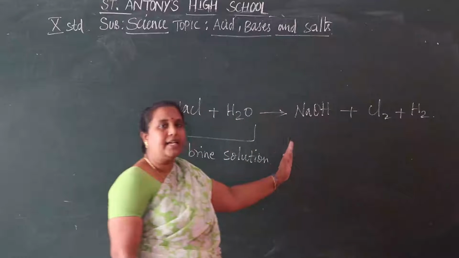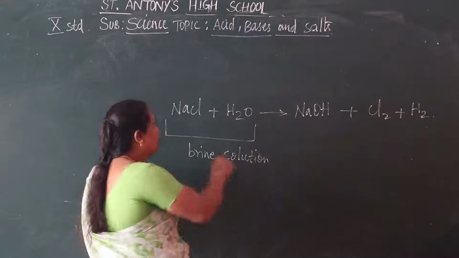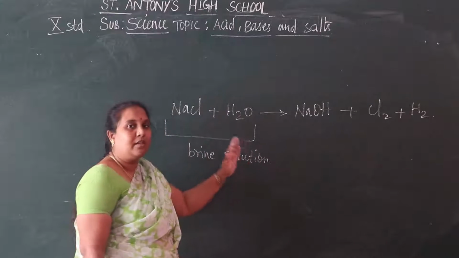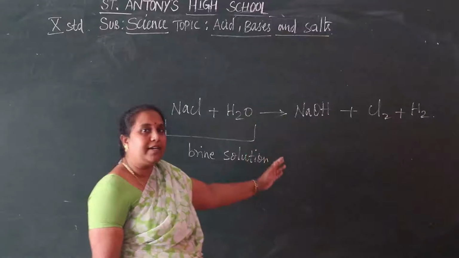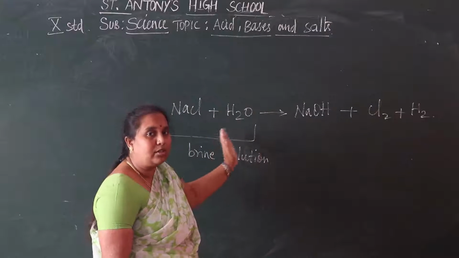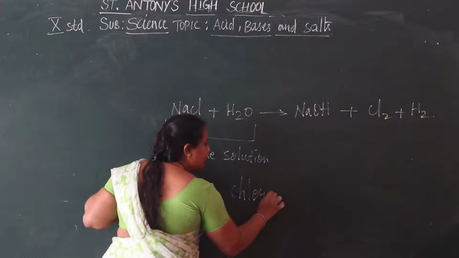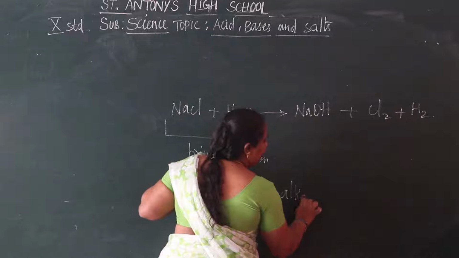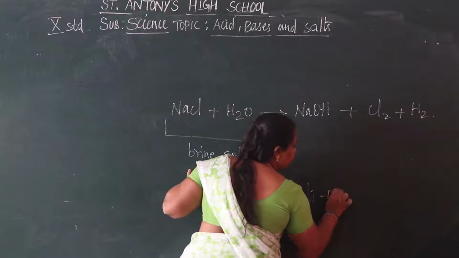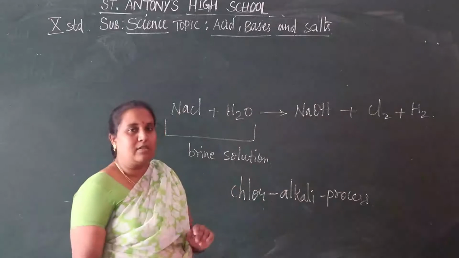These three products we get by the chlor-alkali process. So we get sodium hydroxide, a strong base, from the brine solution. This total process is the chlor-alkali process. Let us see the process now.